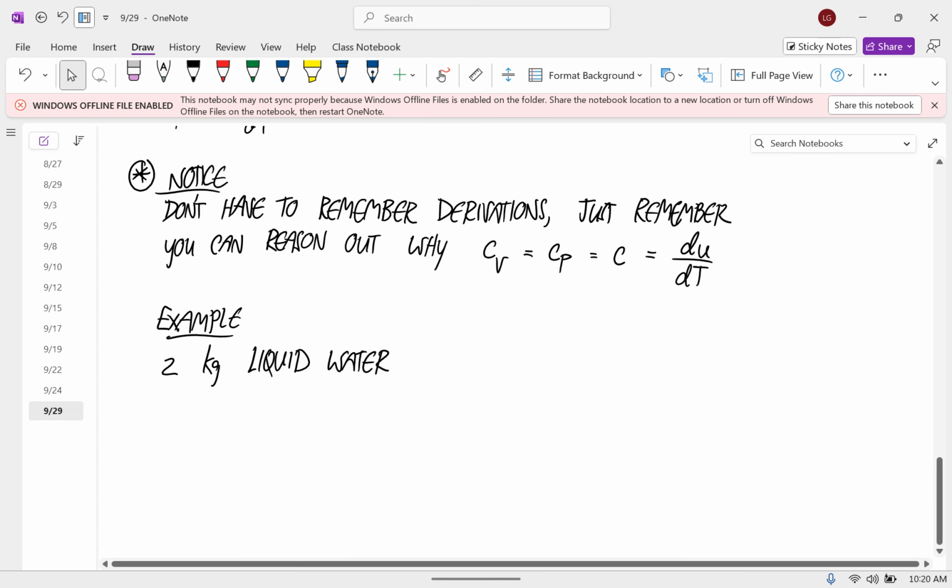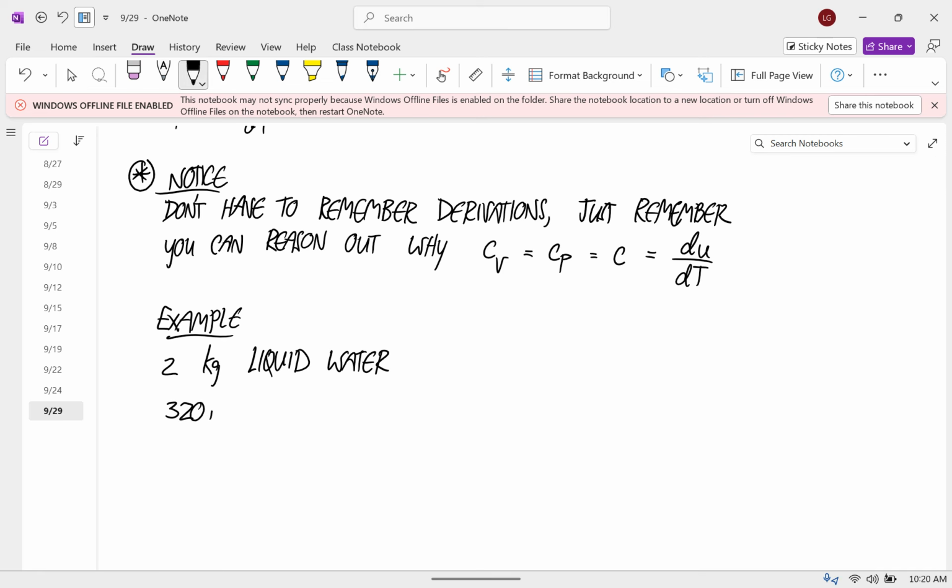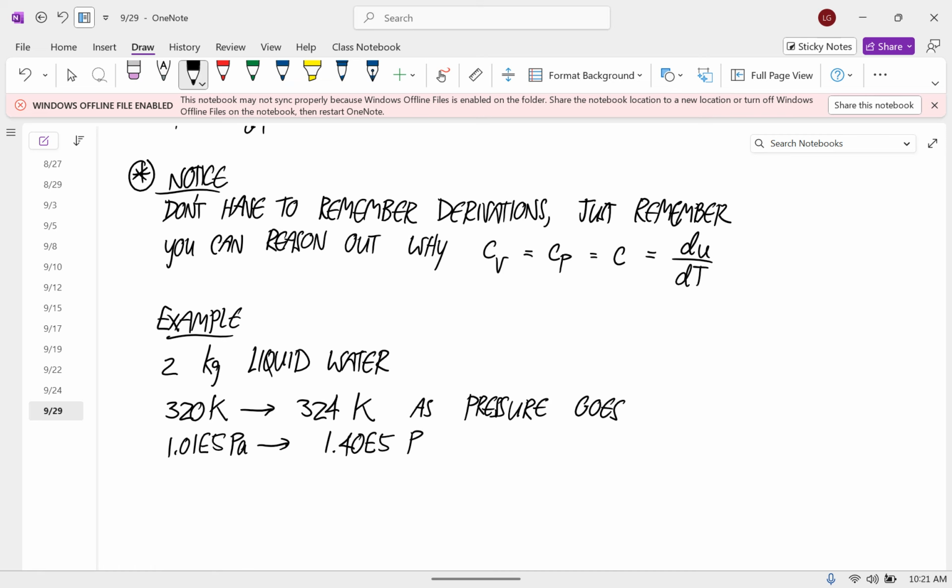And let's say there's a process where it goes from 320 degrees Kelvin to 324 degrees Kelvin, as the pressure goes from 1.01 times 10 to the 5th pascals to 1.40 times 10 to the 5th pascals.